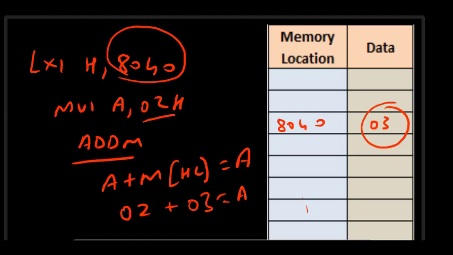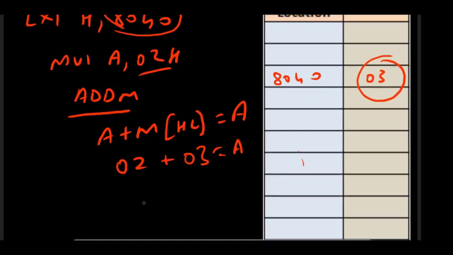The result gets stored in register A, so A will become 5.